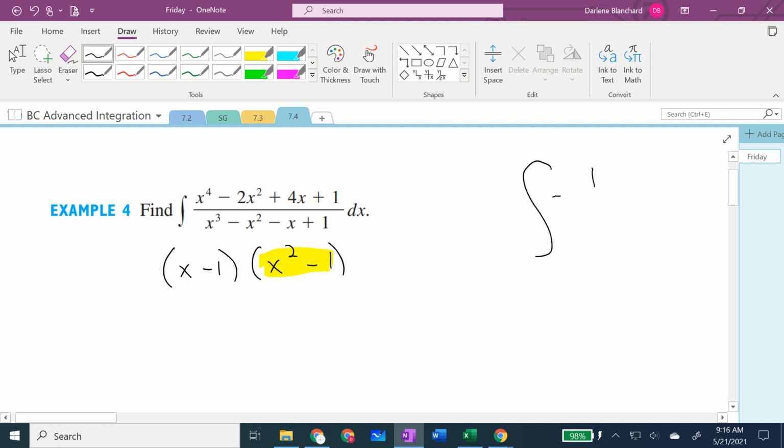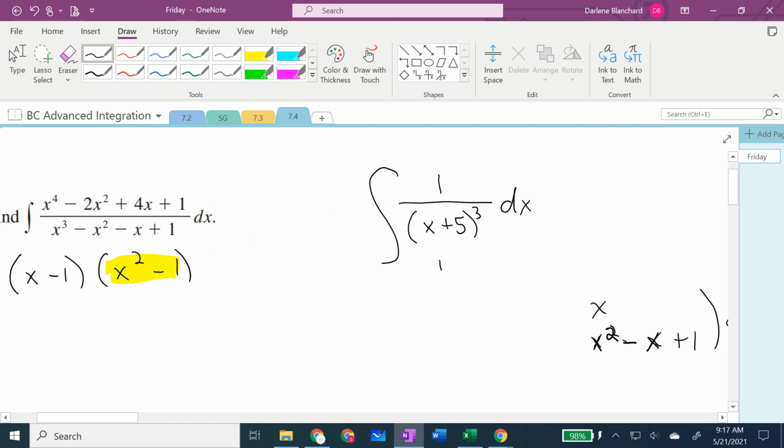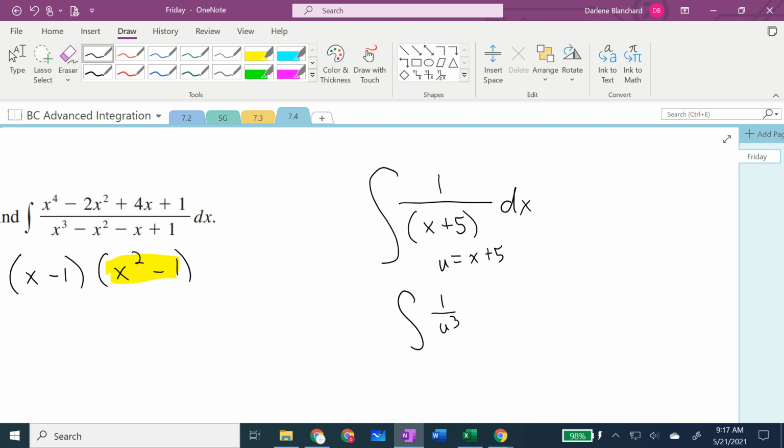If I have to integrate 1 over x plus 5 quantity cubed, I can just do a quick u substitution of x plus 5, and suddenly it's something I can integrate. And the same goes with if that was x plus 5 squared. I could just do a quick u substitution, and I'm ready to go.